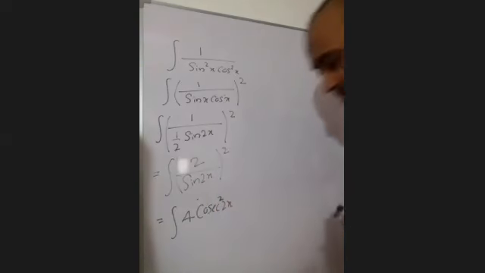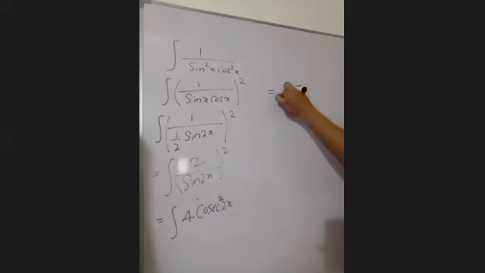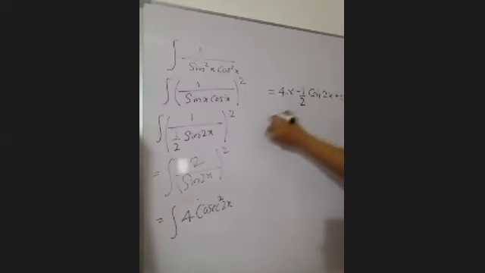Then we know the answer is 4 into the integration of cosec squared 2x, which is minus 1 over 2 cot 2x, plus c. So you can say this is minus 2 cot 2x plus c, the final answer. That's a way of doing this kind of question.